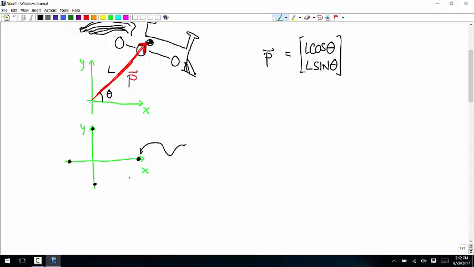Well, what would be the coordinates of that point? Let's say that distance is 6. Okay, if that distance is 6, then the coordinates of that point are 6, 0, and so those are the components of the position vector.